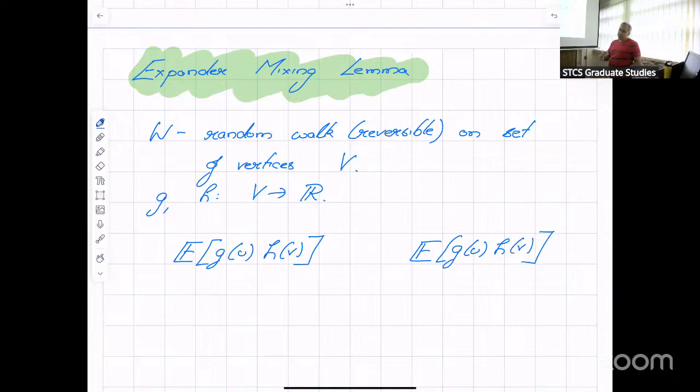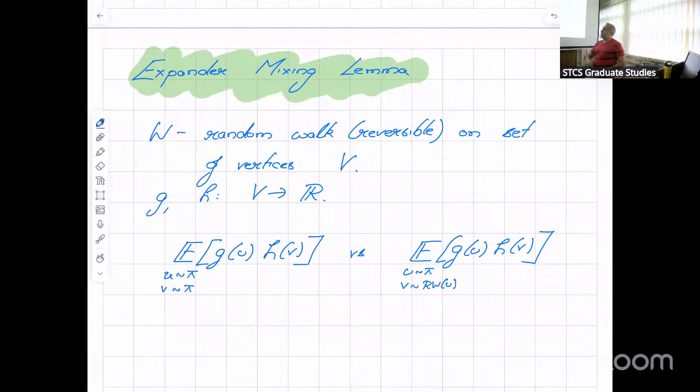These look almost the same. I'm going to make a slight change. In the first, I pick u from the stationary distribution and v also independently from the stationary distribution. Like I pick two copies from the stationary distribution, u and v, completely independently. And in the other, I pick u from the stationary distribution and v as a one-step random walk starting at u.